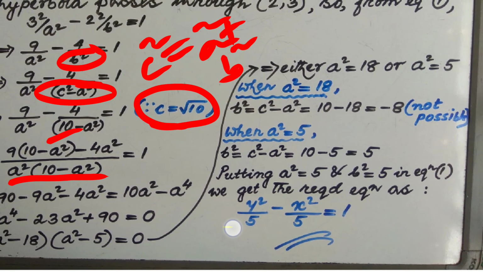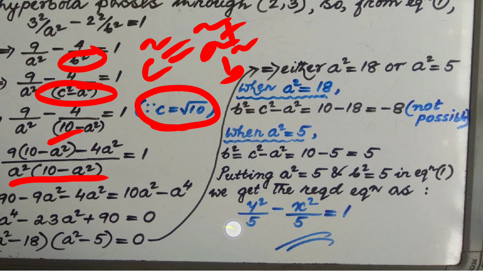There are two values of a square. You can check at the top. You can see the arrowhead. At the top, what we get? a square equals to 18 or a square equals to 5. Now, one by one, we are going to consider the case. When a square equals to 18, what will be b square? c square minus a square, substitute the value.